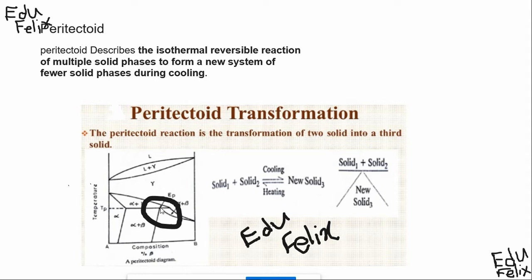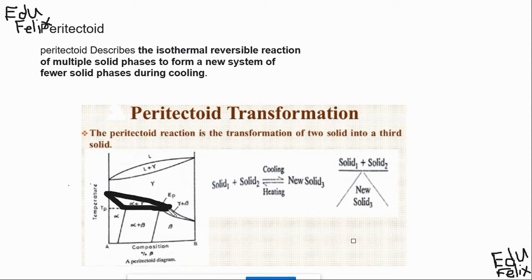But after the EP point, if you cool down this one, because this region, you can easily identify this region. Up to this point, after this point also, you have alpha plus gamma.